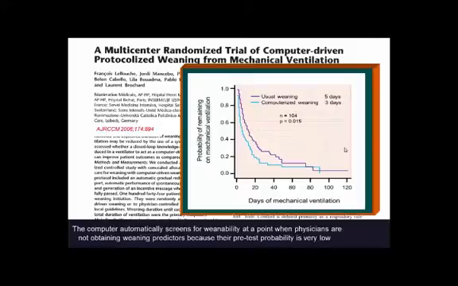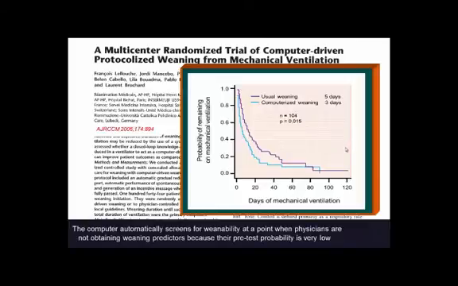And what is happening with the SmartCare ventilator or with the Lellouche computer algorithm is that the computer is automatically screening for the patient's weanability at a point in time where the physicians are not obtaining weaning parameters because the pretest probability is very low. Again, physicians don't obtain weaning parameters when your pretest probability is very low.